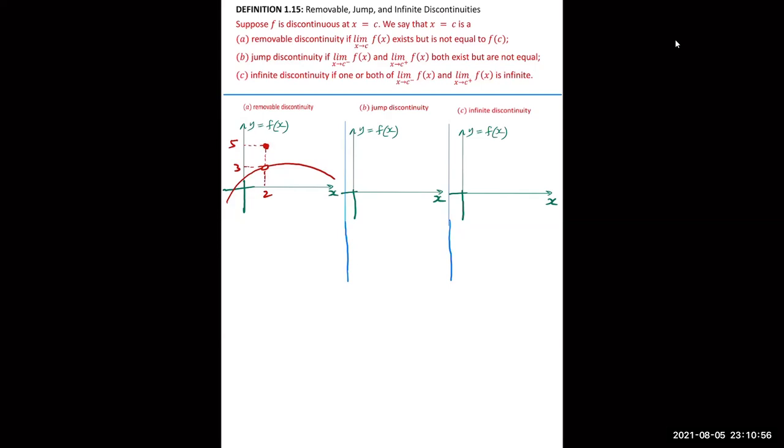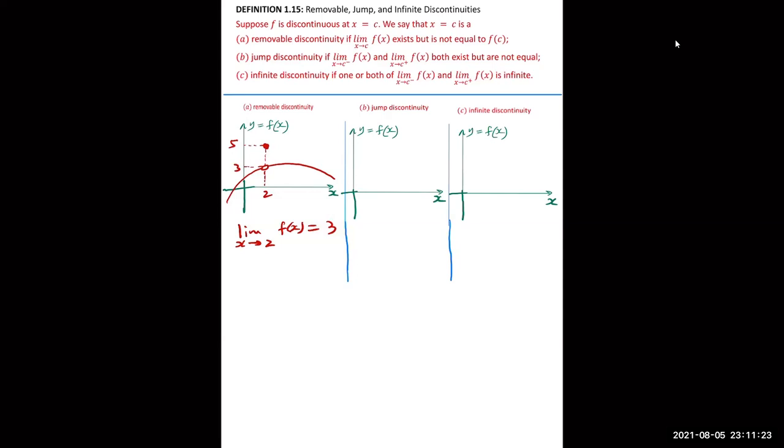If you look at this graph, what is the limit as x approaches 2 of f of x? It is clearly 3, right? As x approaches 2 from either side, your y value is approaching a particular number. That number is nothing but 3. So the limit as x approaches 2 of f of x is 3.